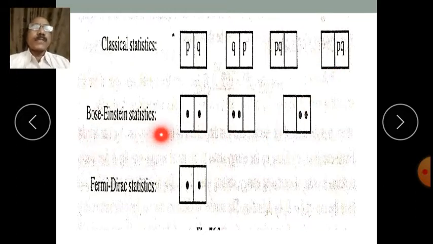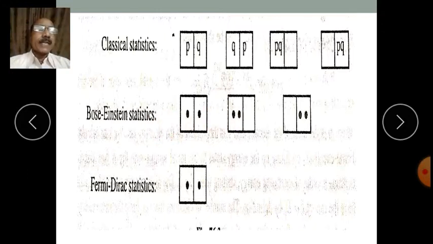Then for Bose-Einstein statistics, the particles are indistinguishable. We cannot distinguish whether this particle is A or that particle is A. So this may be A and this may be B, or this may be B and this may be A. These particles are identical but indistinguishable, and any number of particles can occupy the same energy state.